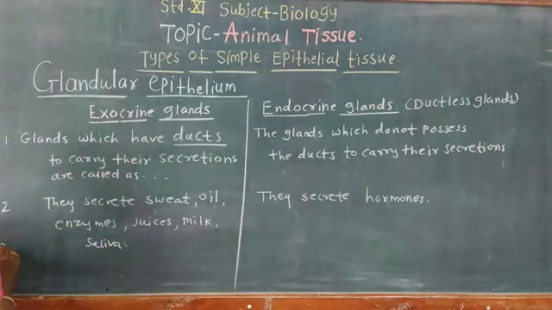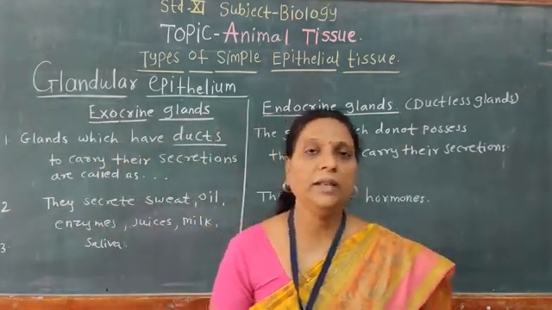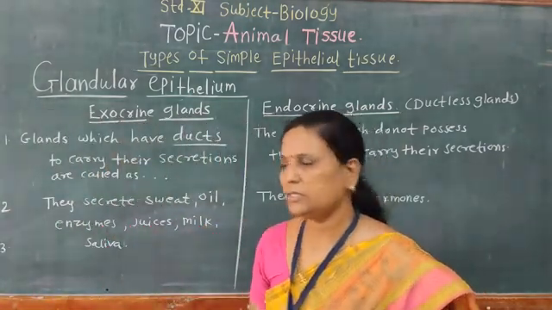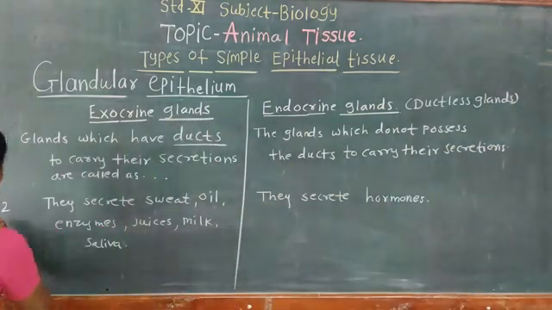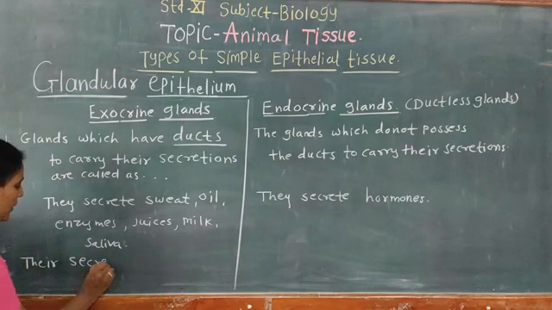Now next, the exocrine glands secrete their secretions in large quantity. That is the third difference.